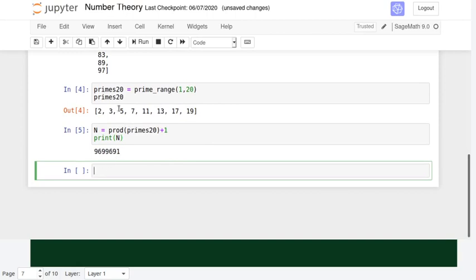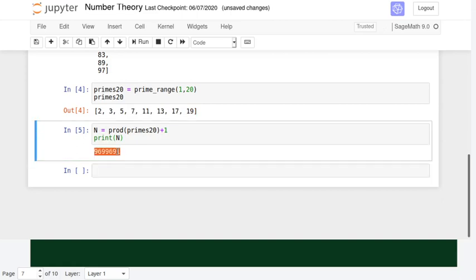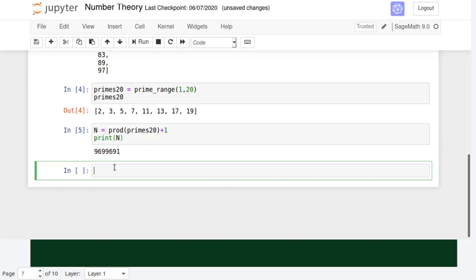And now we know only these primes: 2, 3, 5, 7, 11, 13, 17, 19. We will try to see what the prime factors of this number 9699691 are, or its prime divisors.